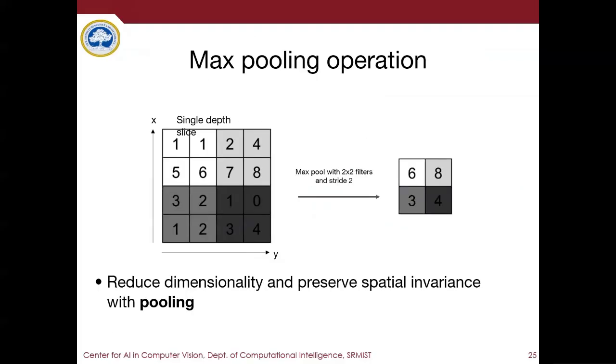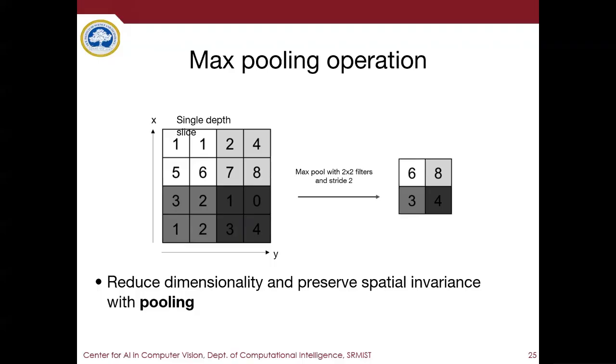Suppose you have a feature map like this. What will you be doing? You will be pooling. In the first region, what is the maximum value? 6. In the second, what is the maximum value? 8. Without losing much of the knowledge, you compress.